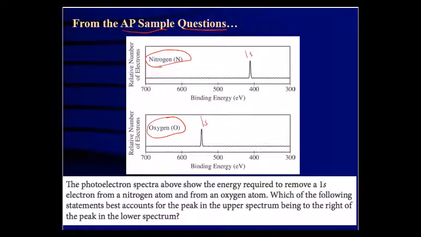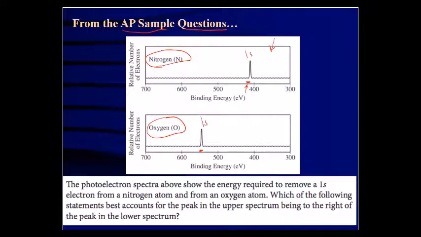And it says, which of the following statements best accounts for the peak in the upper spectrum, so the nitrogen spectrum, being to the right, of the peak in the lower spectrum, where oxygen's is right here. So what are we really comparing here about nitrogen and oxygen and their 1s orbitals?